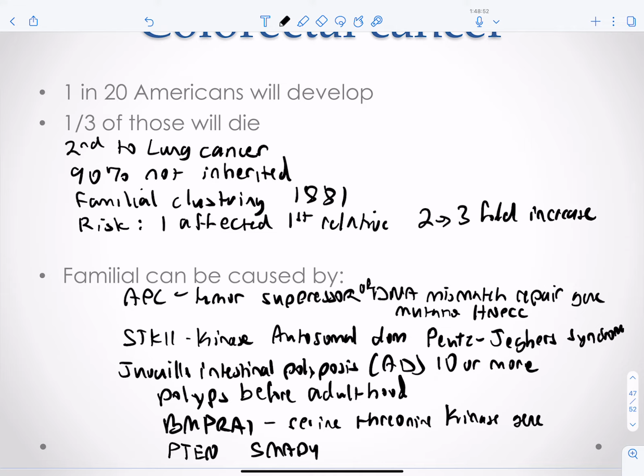Juvenile intestinal polyposis is where you have 10 or more polyps before adulthood, and it's been associated with a serine threonine kinase gene. So remember, serine threonine kinase receptors are involved in growth. It also has other genes that have been involved in that: PTEN, which is a tumor suppressor gene, as well as SMAD4. Remember, SMAD is downstream of those serine threonine kinase receptors.